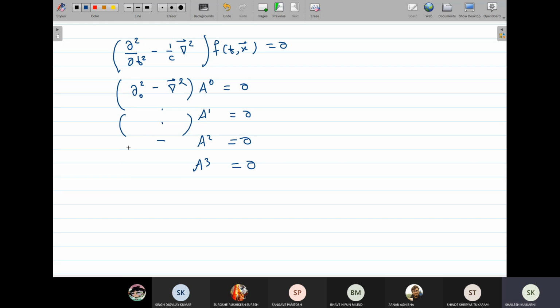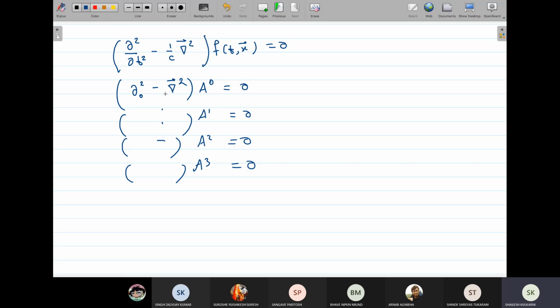Okay, so I have 4 wave equations. Clear? And one can solve them. It's very easy to solve. You know how to solve wave equations given the boundary conditions and so on.